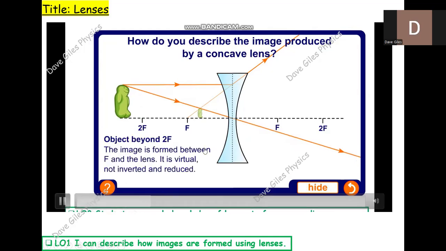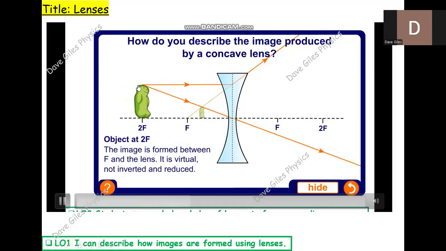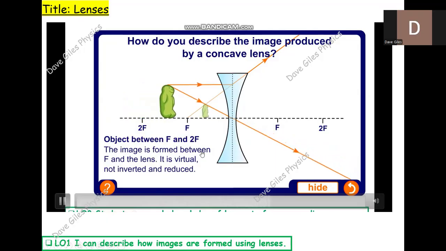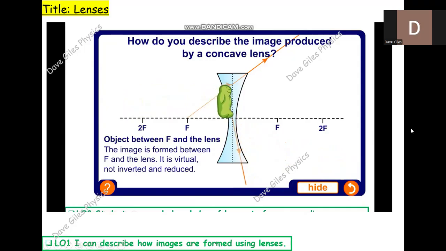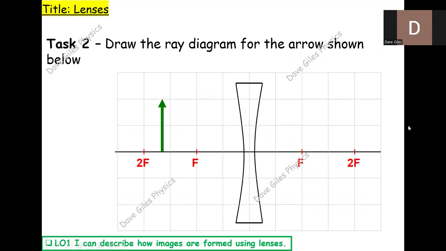It's always on the left, the same side as the object, so it would be virtual. So it's virtual, not inverted, and reduced. It is never enlarged by a convex lens. Sorry, concave lens, my mistake.